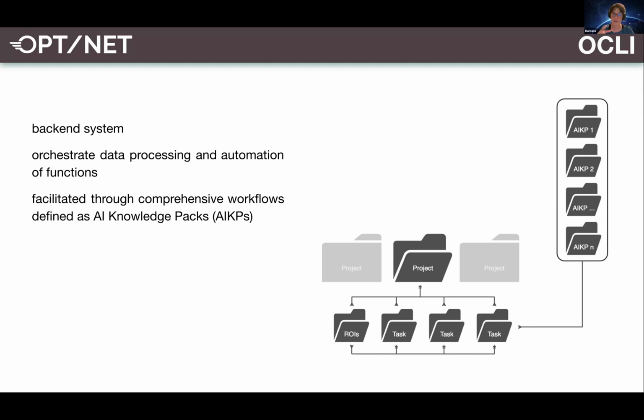When you create a task in the backend, it becomes the instantiation of a knowledge pack and has the ability to perform all the tasks that it is coded to do.